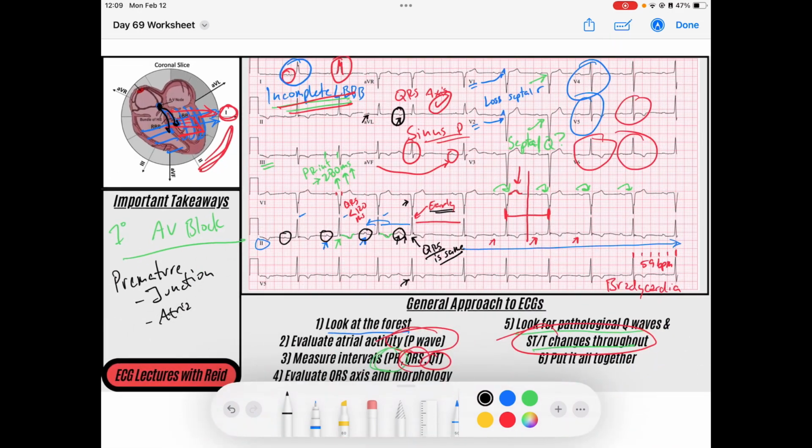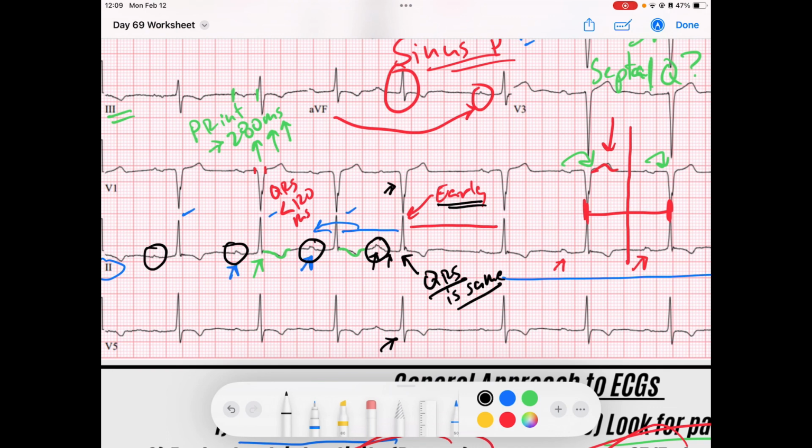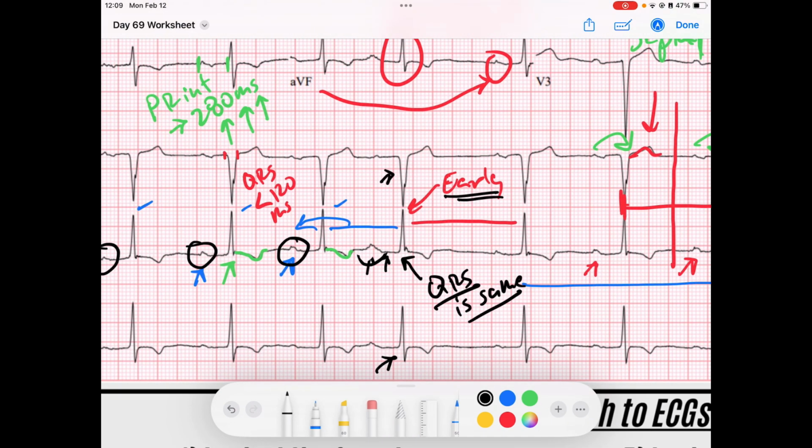And so what's interesting is that if you look at the P wave that comes early, here, I'll erase this. You can see that this P wave actually conducts with a PR interval that is a little bit longer than our normal PR interval that we have already drawn out. So notice that PR interval is a little bit longer in our premature beat.